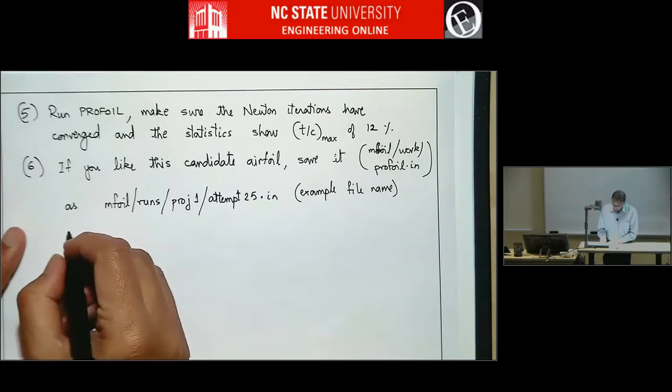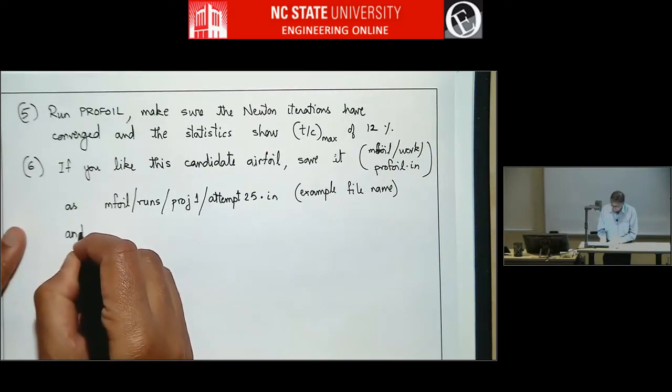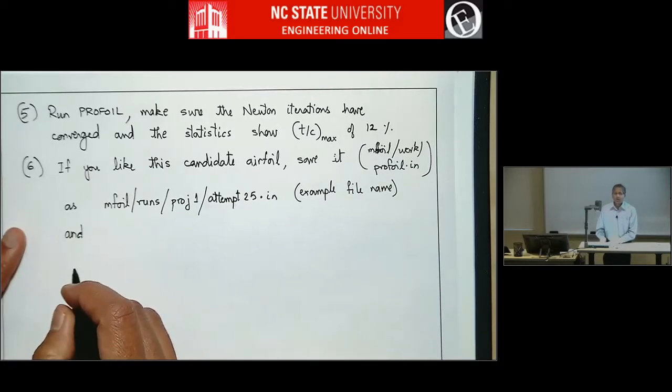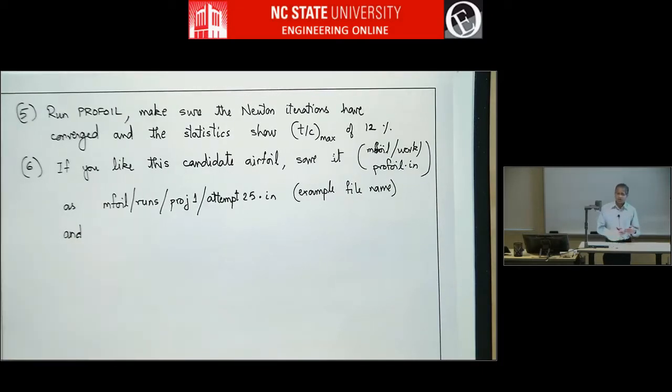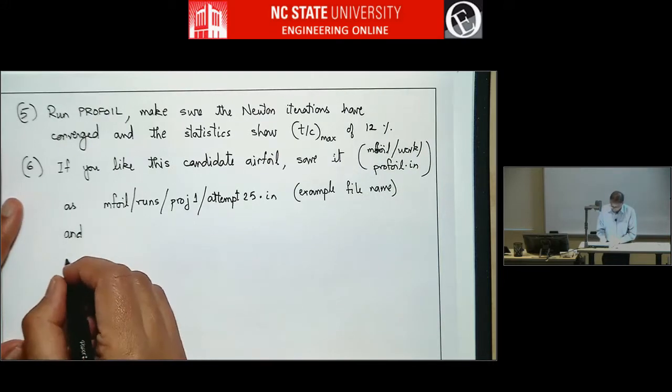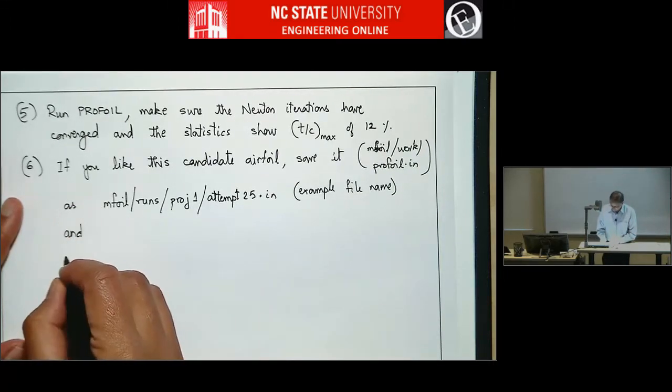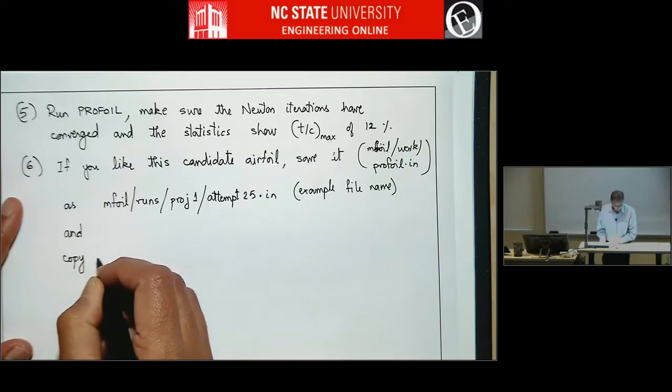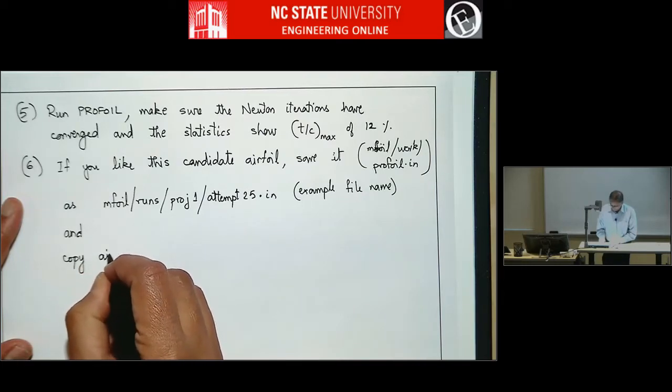But you should also copy the coordinate file so that you can run xfoil on it and you can get the CD, right? You can get CD and the D prime, and you can put it into the figure of merit formula. So on top of this saving, you have to copy airfoil coordinates.